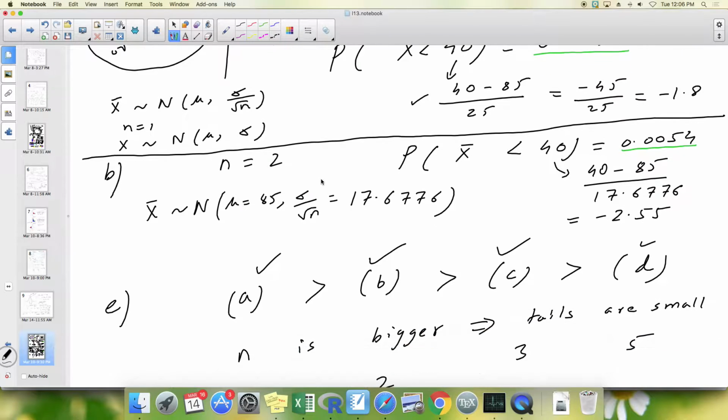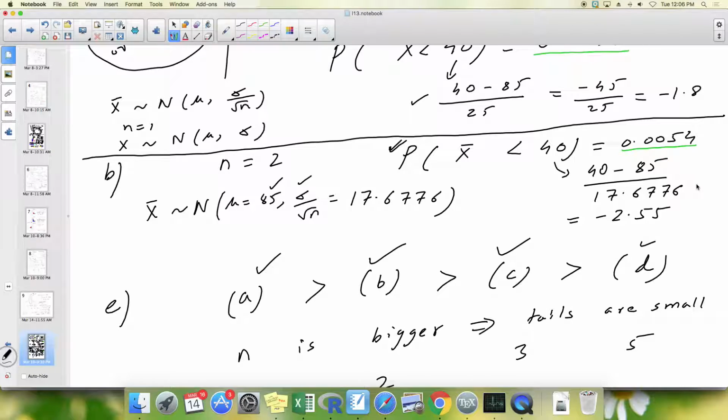Next problem, n equals 2, find x bar less than 40. This is just a typical CLT problem. X bar follows normal with mean mu equals 85 and standard deviation sigma by square root of n.